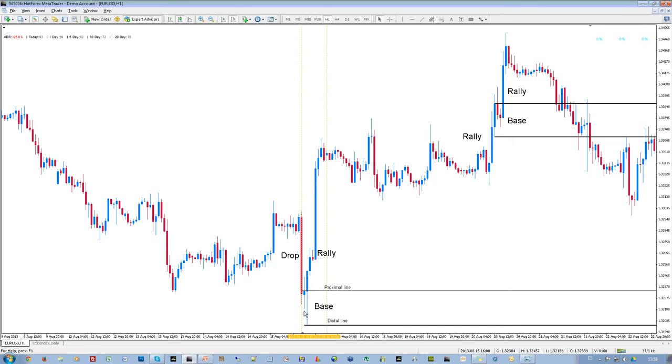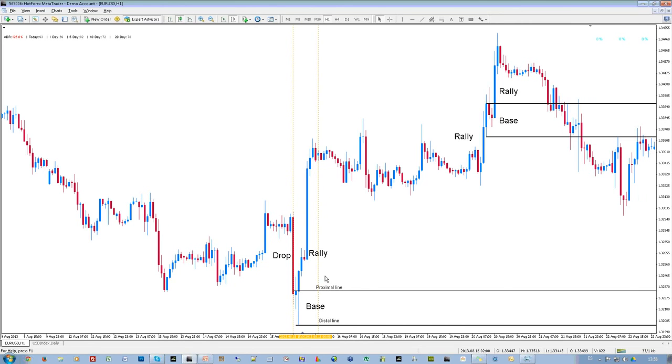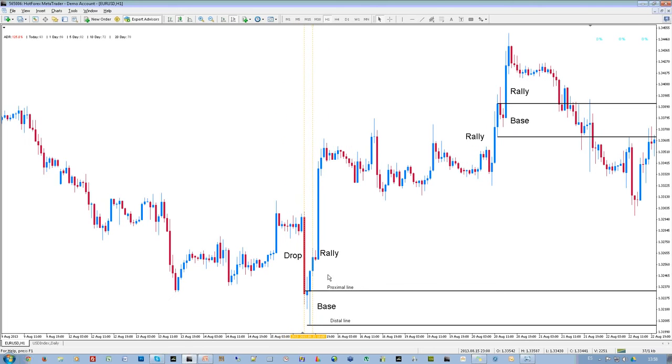So this candle is part of the base, you see 50%. This is the lowest low of the base, and then we have this area over here. This is a distal line, and this is a proximal line.